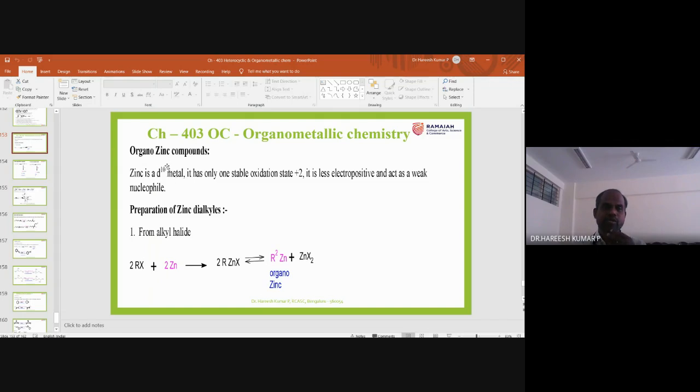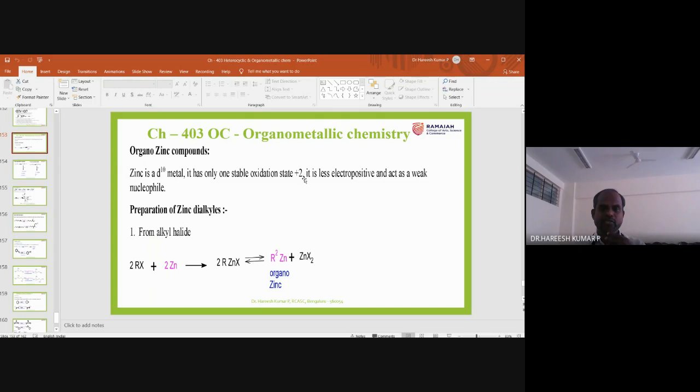I think you are also aware about electronic configuration. So D10 stands for the electronic configuration of zinc. It has only one state, state in the sense oxidation state.